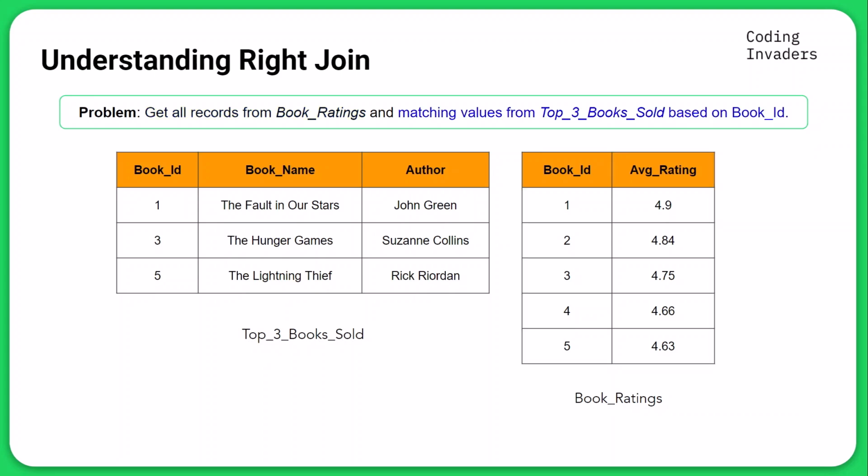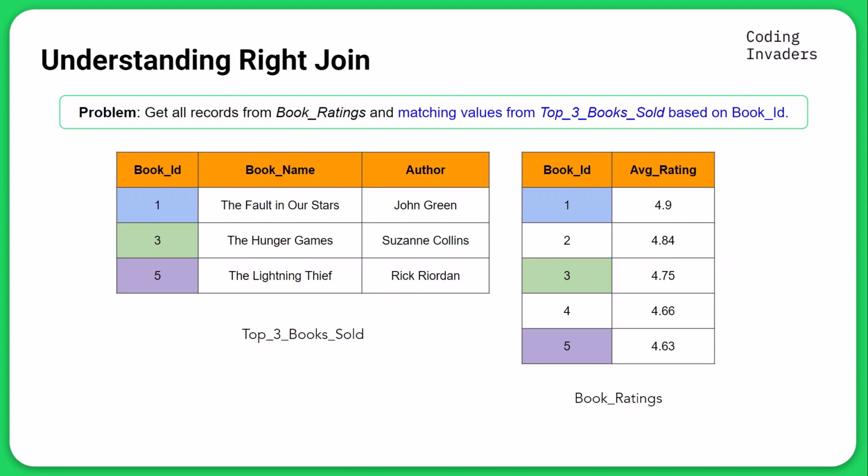The second part is matching values from our left table, top 3 books sold, based on book ID. So along with all the observations from our right table, the matched observations from the left table should show up in the output. And our criteria for matching is book ID. What values of book ID match with each other in both tables? As you can see, it's the values where book ID is 1, 3 and 5.